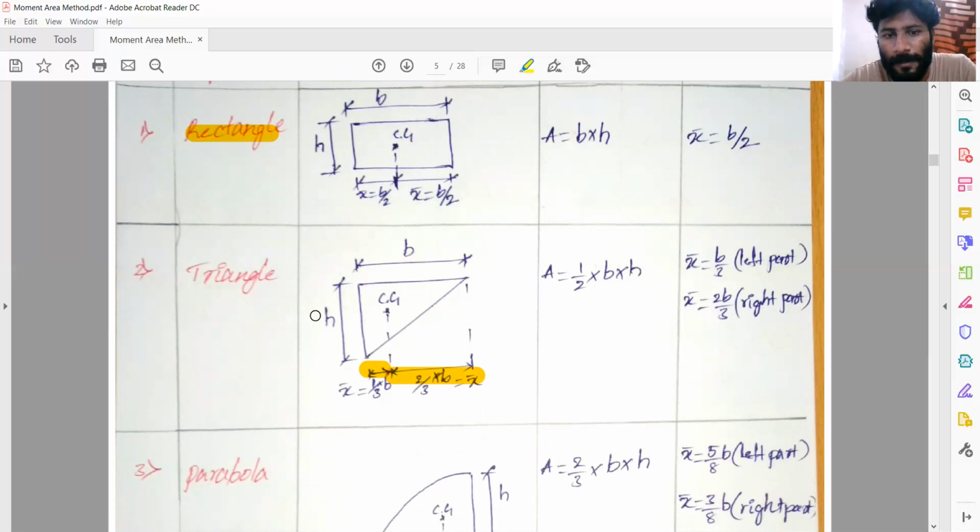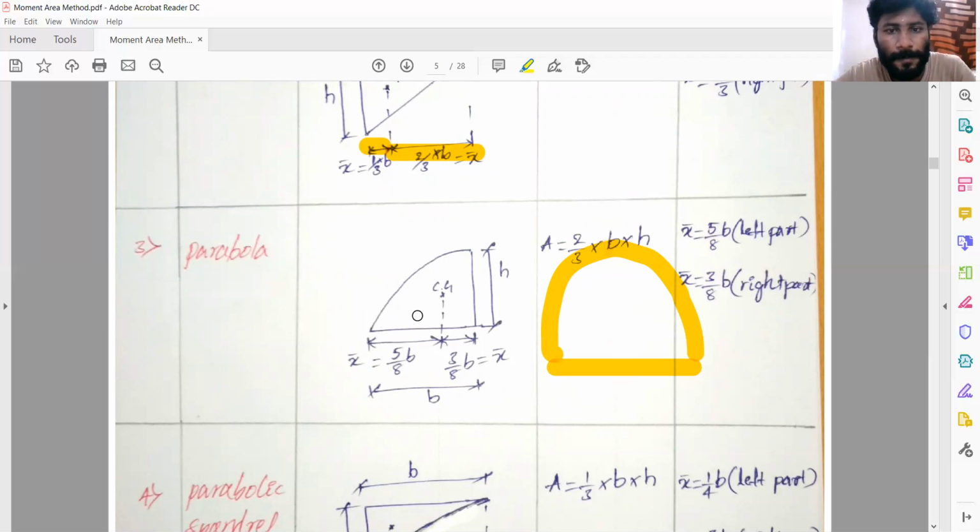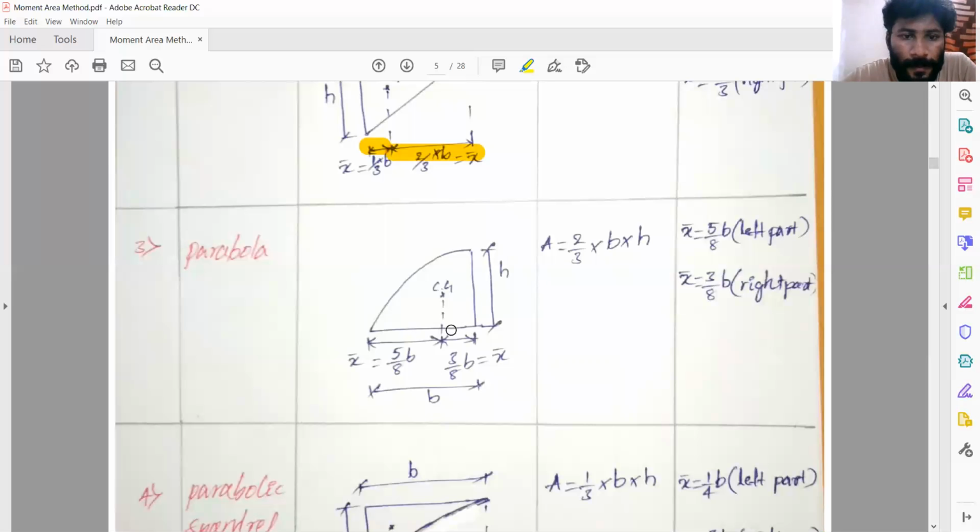Parabola: generally we see the parabola something like this, and here they have taken half of that portion. Here you can see the parabola and its centroid is this one. The area of this parabola is 2/3 into base into height.